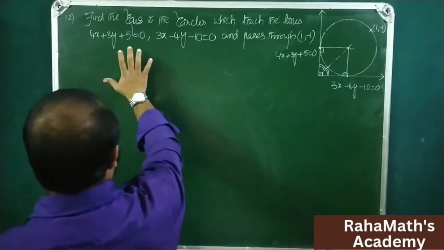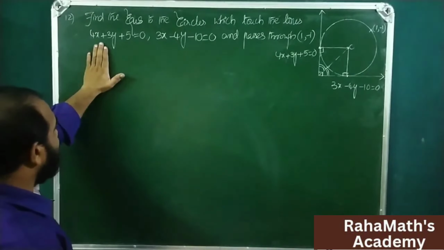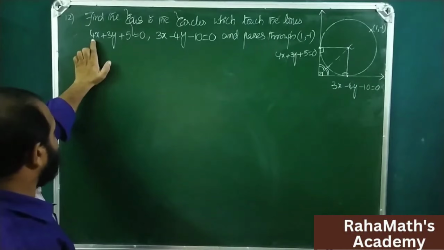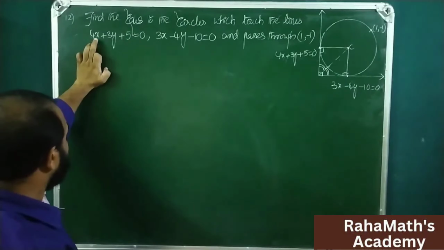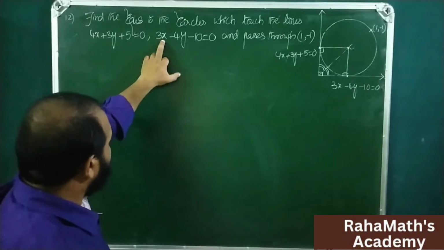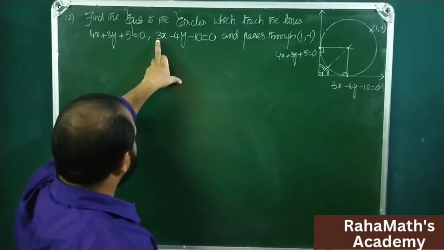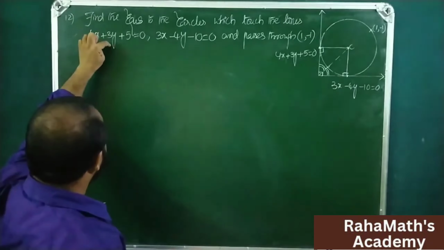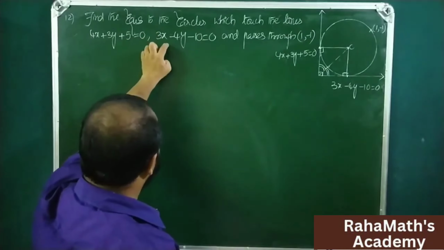If you notice these two lines, let the slope of the first line be m1. m1 equals minus a by b, so minus x coefficient by y coefficient, minus 4 by 3. Let the slope of the second line be m2. m2 equals minus a by b, minus 3 by minus 4, so 3 by 4. So minus 4 by 3 into 3 by 4, the product of the slopes, is equal to minus 1.